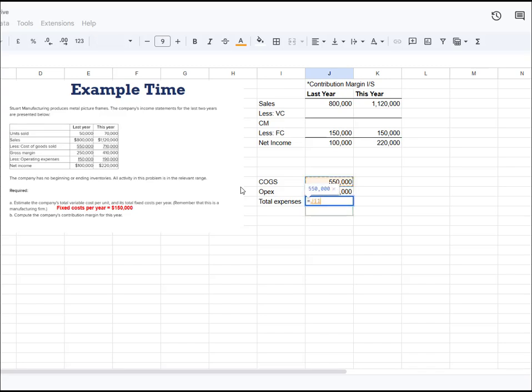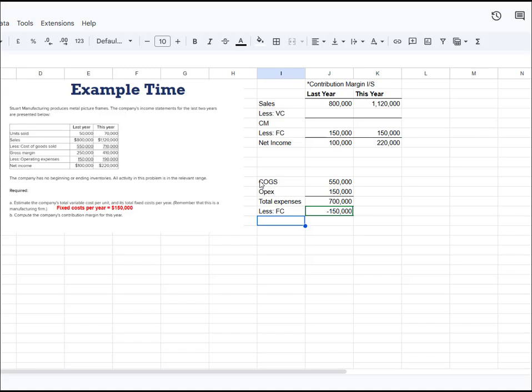And so then I know my total expenses for the year were 700,000. And I'm going to just put a little line there. Great. So I know my total expenses are 700,000. I know that my fixed and my variable need to equal that. Well, I know my fixed, so less fixed costs, or FC, and that is going to be 150,000. So I'll just link it above.